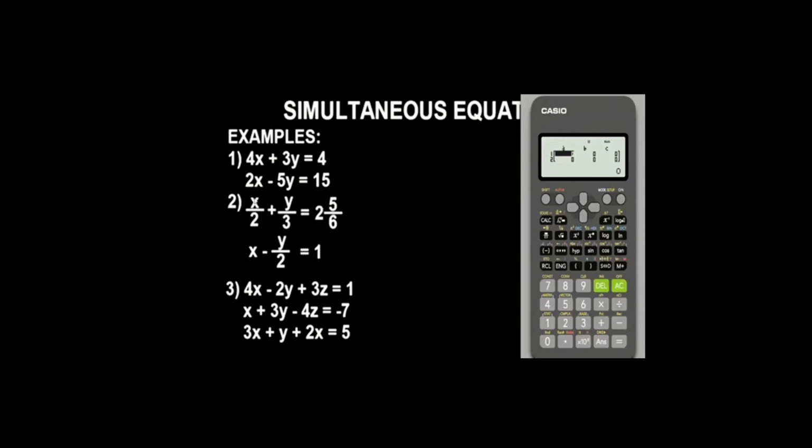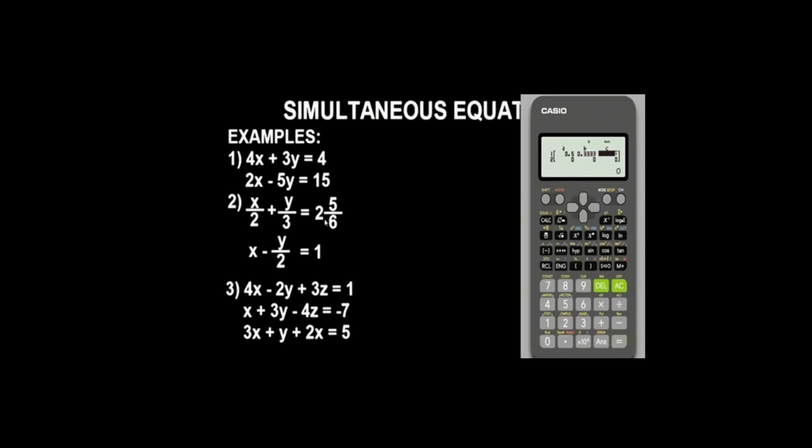So what's the coefficient of x over 2? Coefficient of x over 2 is 1 over 2, guys. You press 1 divide 2. So that's it, guys. Press equal to enter. Coefficient of y over 3 is 1 divided by 3. Alright, very, very simple, guys. Okay, then we have the mixed fraction.